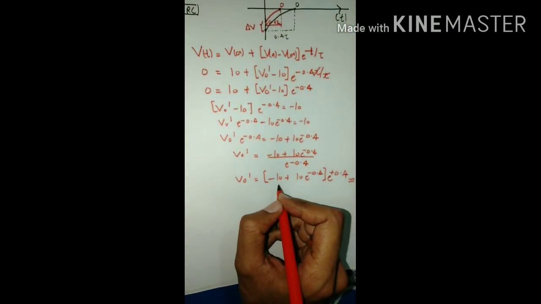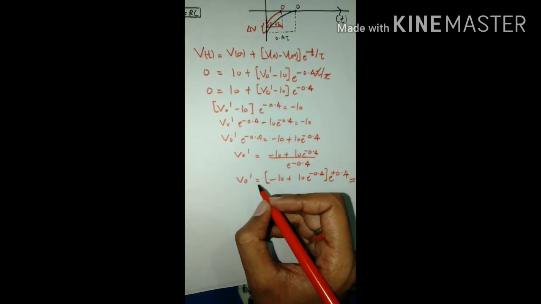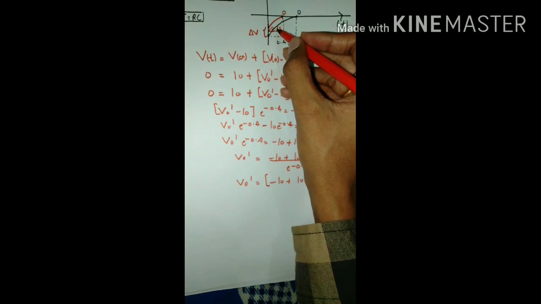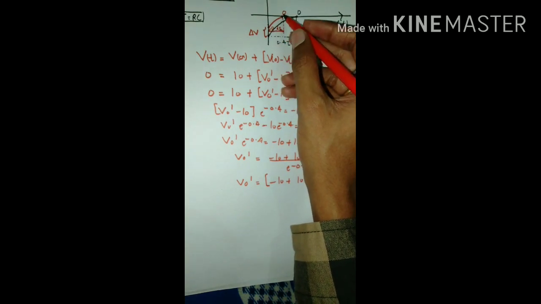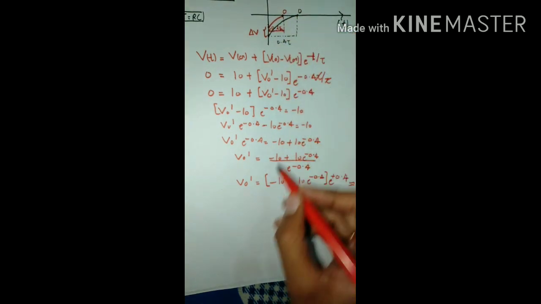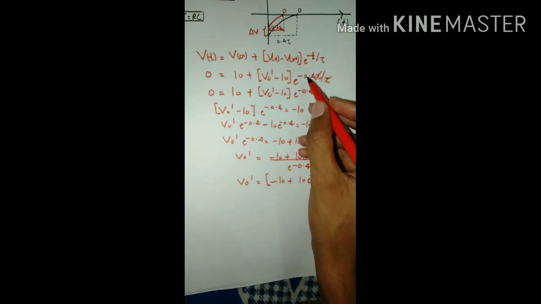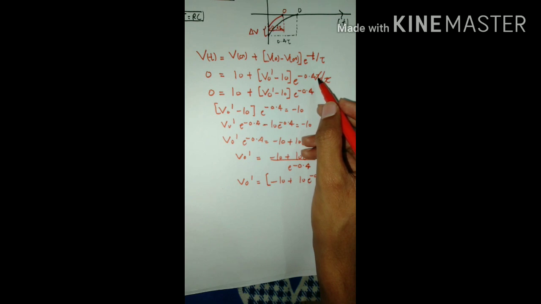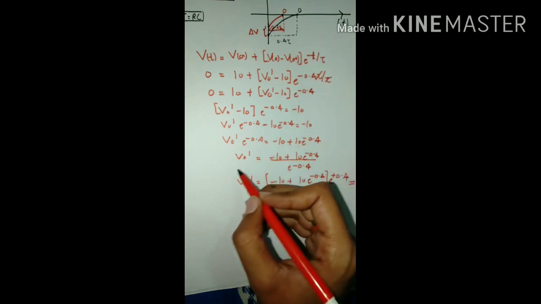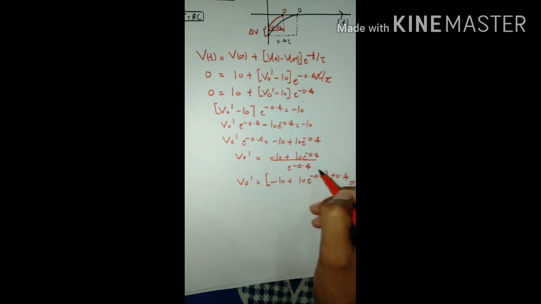Now when zero crossing happens at 0.2 tau, the total equation remains unchanged. Only 0.2 tau is substituted here. Tau cancels out. The remaining equation is the same, only 0.2 tau is placed here and here.